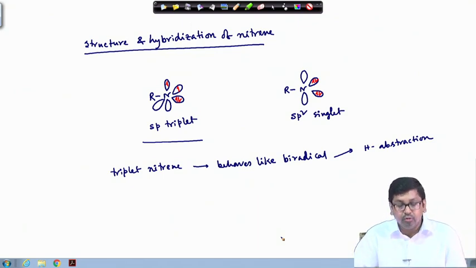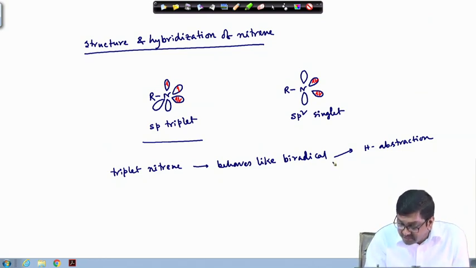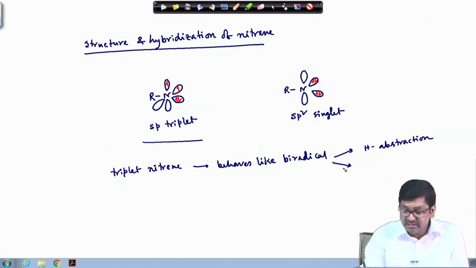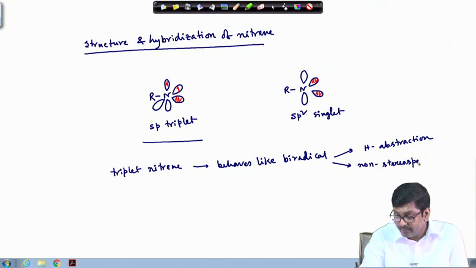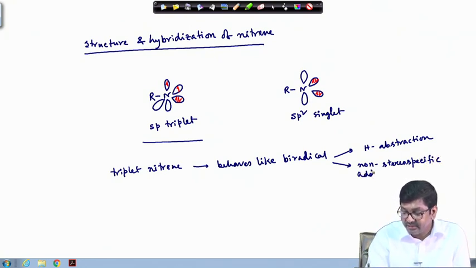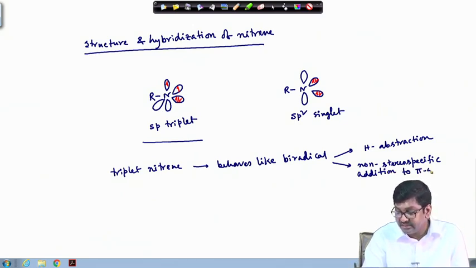In this case also, when we use the triplet nitrene, it behaves in a similar fashion, that is, it will also give non-stereospecific addition to pi systems.